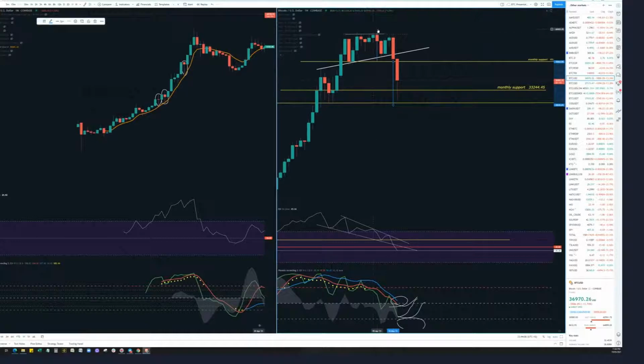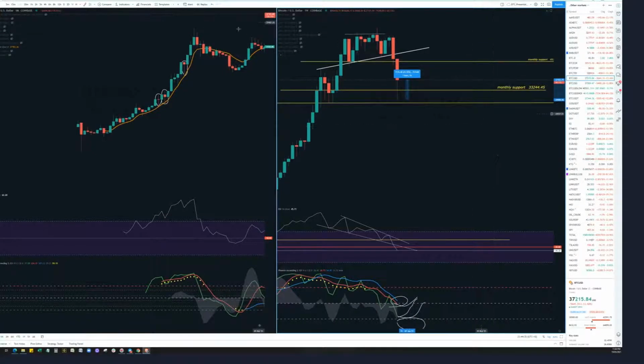If I was to take this wick, it probably wouldn't be as bad. So I think it's head and shoulders, 100%. And so far, it's acting like head and shoulders. The bounce for Bitcoin so far has been 23%. There you go, that's a significant bounce.